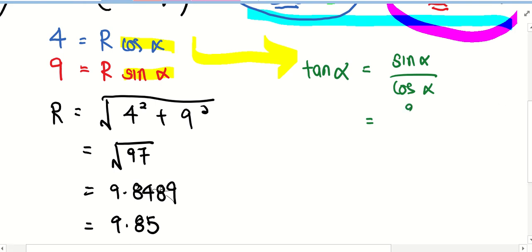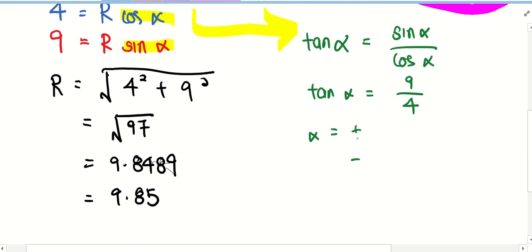Then you ask, teacher, what about the R? Do we need to be affected by the R? R and R will divide off, am I right? Then now, can I find alpha? Tangent inverse. Can you press calculator now?